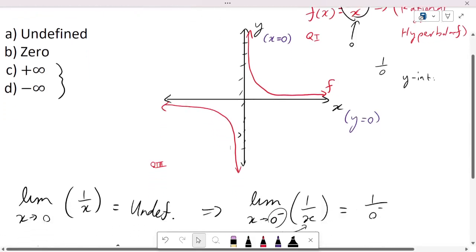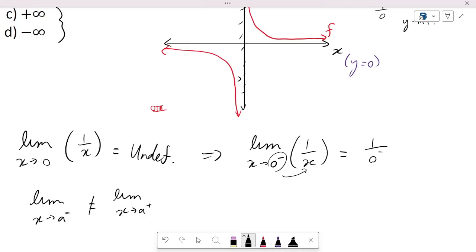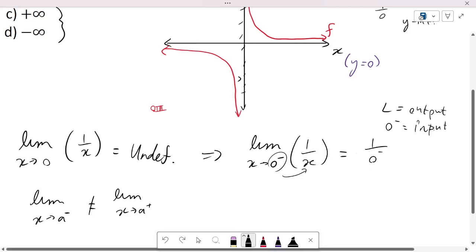So that's exactly what we're going to say over here, right? And how we're going to get our answer is from our limit value. We know that our limit value is actually going to be our output. So our input was our 0 from the left-hand side. That was our input, which is this exact thing over here. So our output is going to be somewhere in the y, which indicates the y-axis.